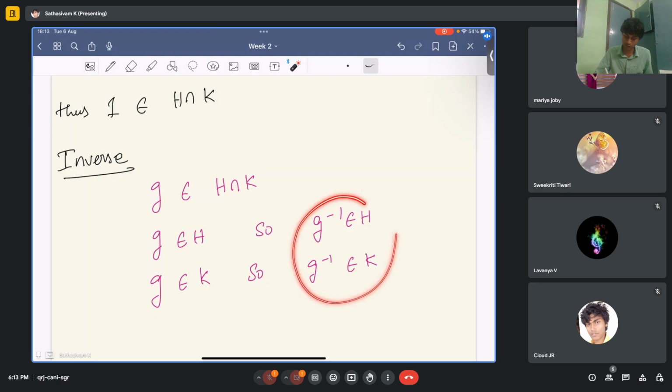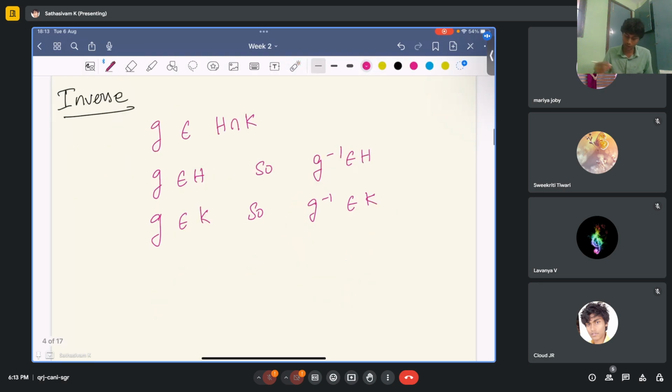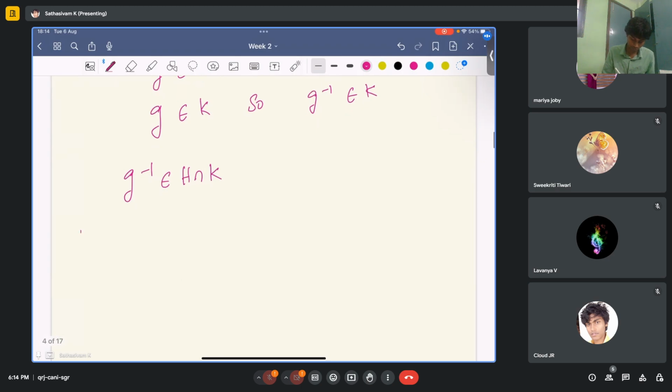If you combine these two things, what you get is g inverse belongs to H as well as g inverse belongs to K. Okay, so we have checked all the four properties. Thus H intersection K is a group.